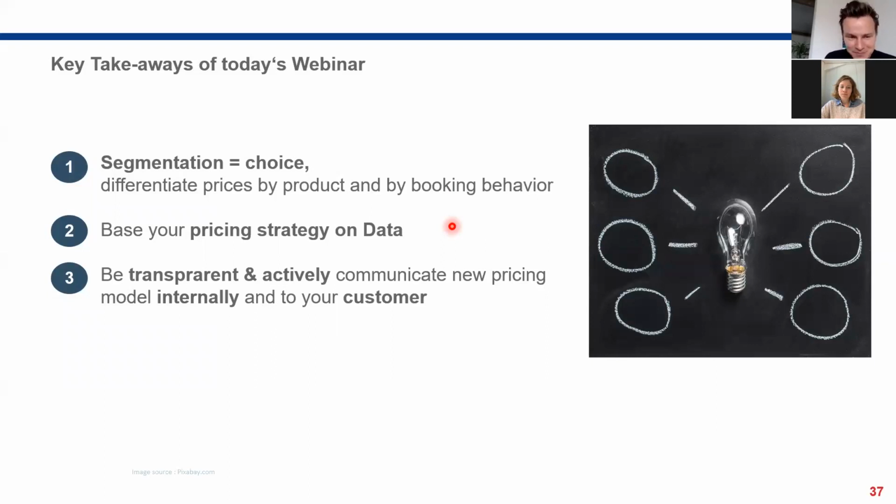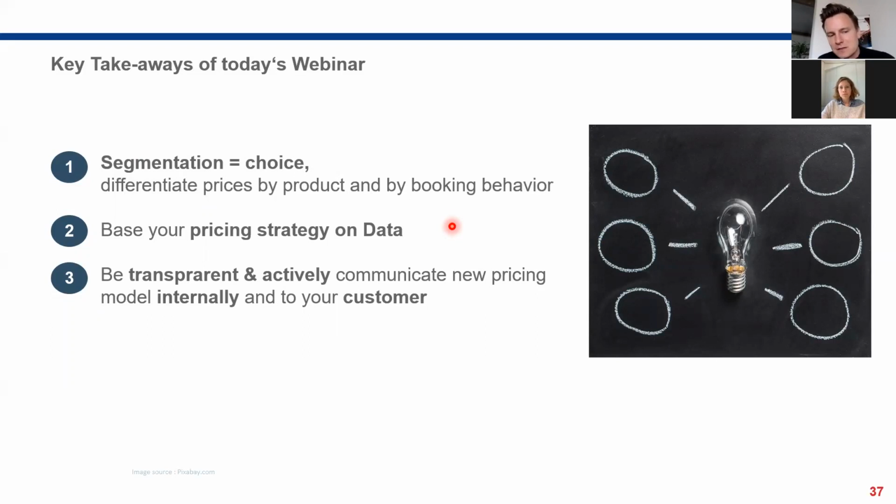This is a very strong recommendation from our side, because we've seen there is some risk attached if you don't do this. And the third point is be transparent and actively communicate your pricing strategy and your pricing model. This applies not only externally to your customers, where we have good examples with Chocoversum and others of how you can communicate transparently, but it's equally important to onboard your project team internally, because they are the spokespeople.